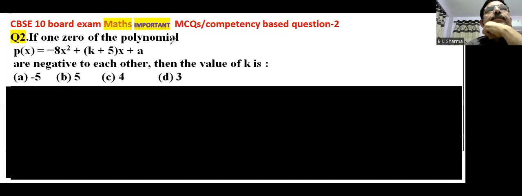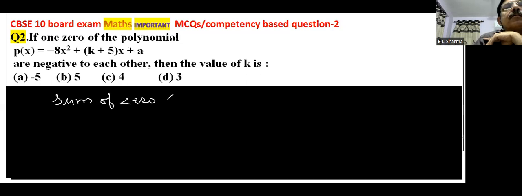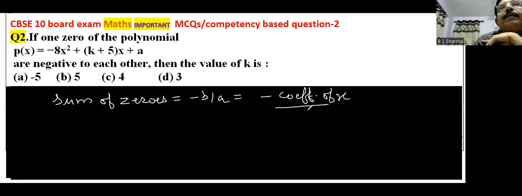If one zero of the given polynomial is negative of the other, the zeros are negative to each other, then the value of k is. हमें पता है कि देखिए अगर a sum of zeros, that we know that is minus b upon a, means minus coefficient of x upon coefficient of x square here.